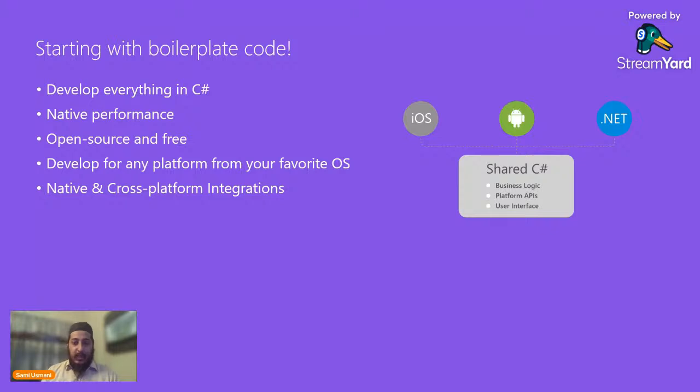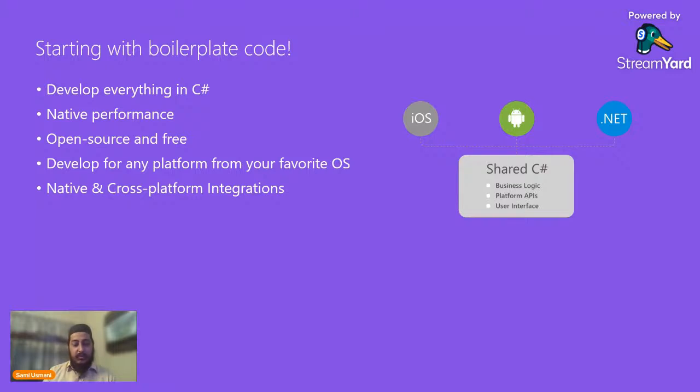As we have discussed, it has a shared C# code base, and we have all the business logic, all the APIs and all the user interface written at one end, and we can use it on our applications.